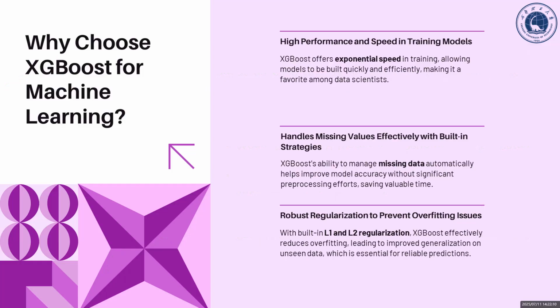The question that comes to mind is, why choose XGBoost for machine learning? Now we're going to be looking at 3 key aspects. Number 1, high performance and speed in training models. XGBoost offers exceptional speed in training, allowing models to be built quickly and efficiently, making it a favorite among data scientists.